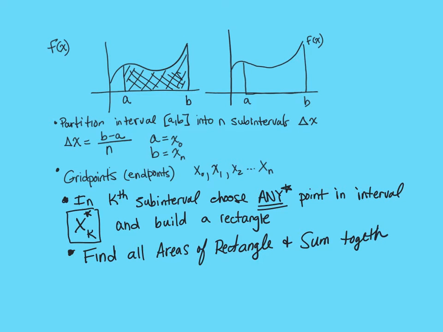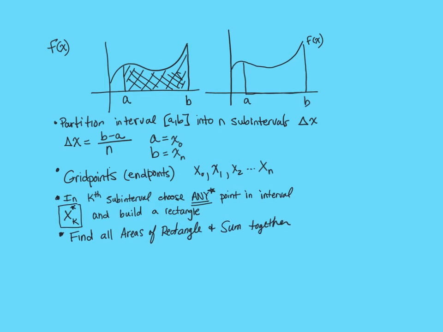So what is that going to look like? That is going to look like f of x sub 1 star times delta x plus f of x sub 2 star delta x all the way up to f of x sub n star delta x.